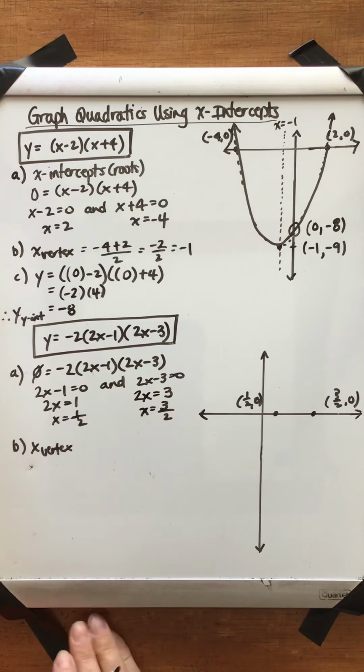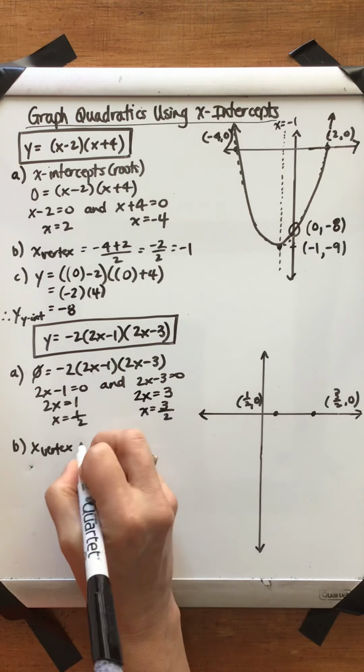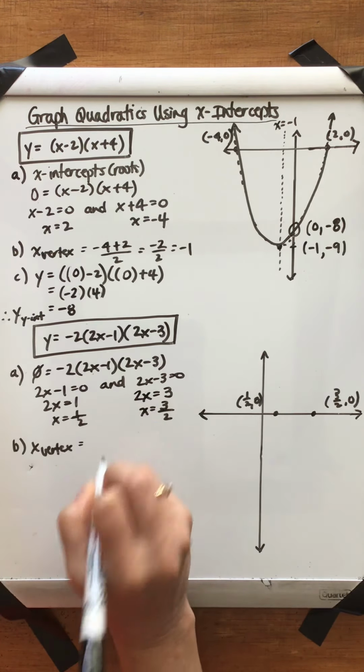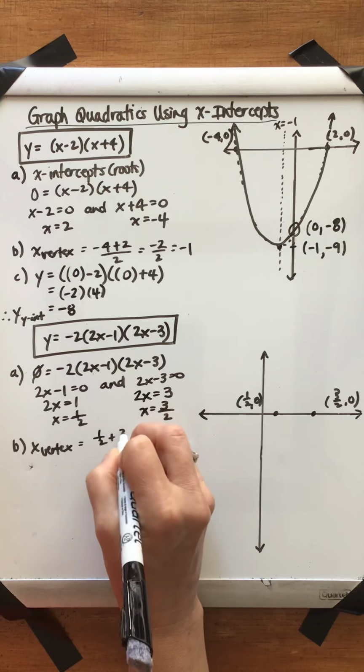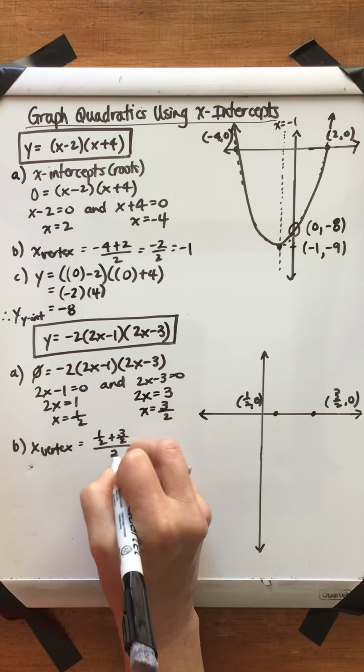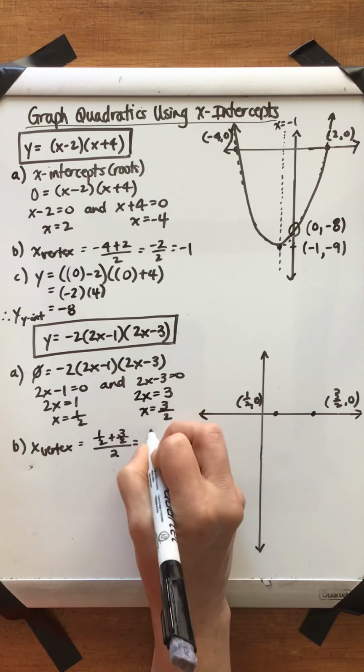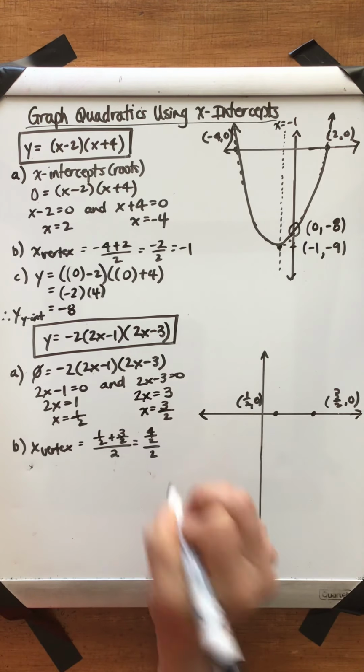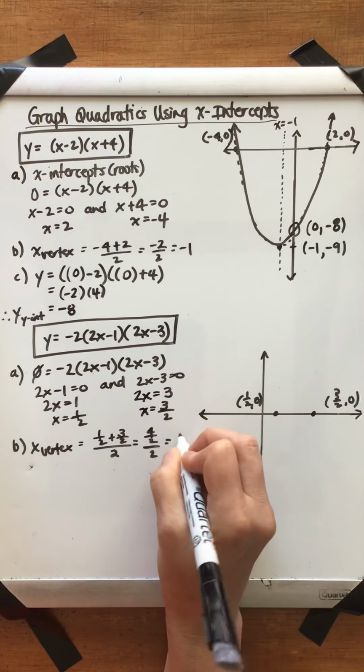In order to find it, we need to find where the middle is between 1/2 and 3 halves. You might be able to figure out that, hey, that's 2 halves. If you can't, you can use some simple math to do it. You can add the two intercepts together and divide by 2. So this comes out to 4 halves divided by 2, but 4 halves is just 2.